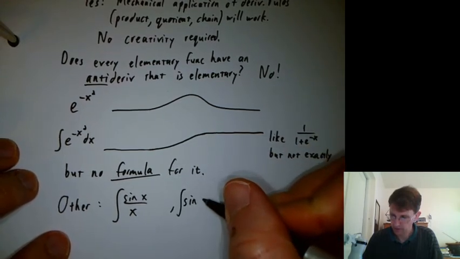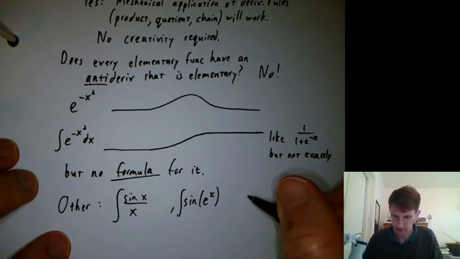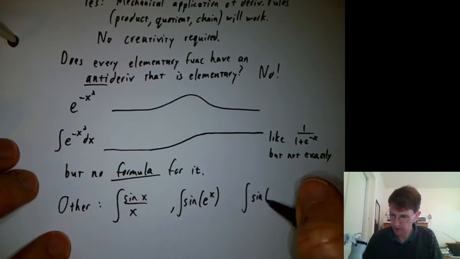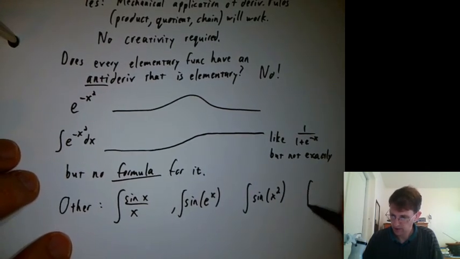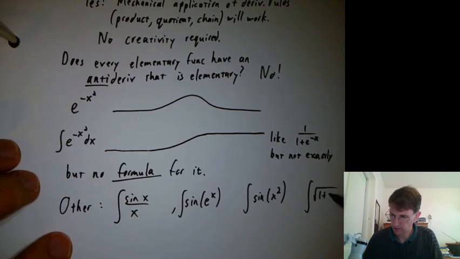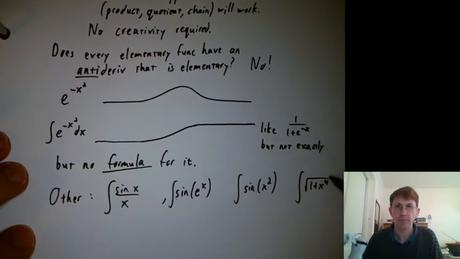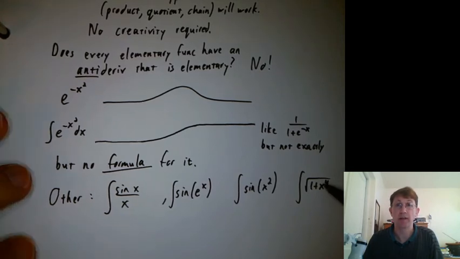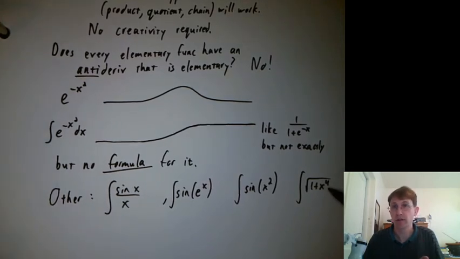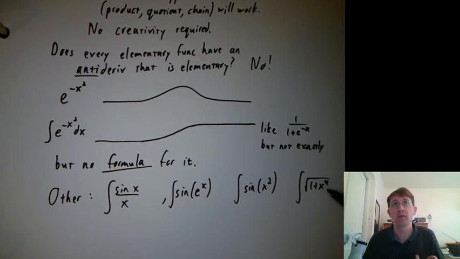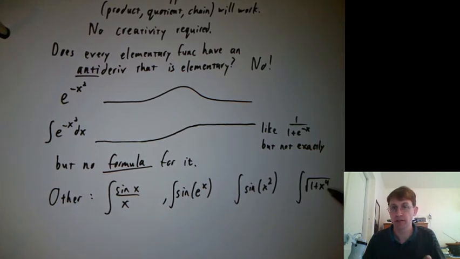Integral of sine e to the x, integral of sine x squared, integral of root 1 plus x to the fourth. So that means that the arc length of a cubic, how would you take arc length? Remember, f prime of a cubic would be something x squared, then square that, you get x to the fourth.